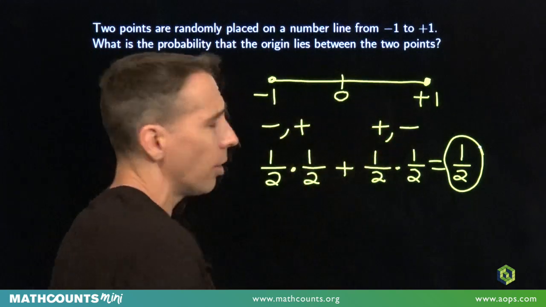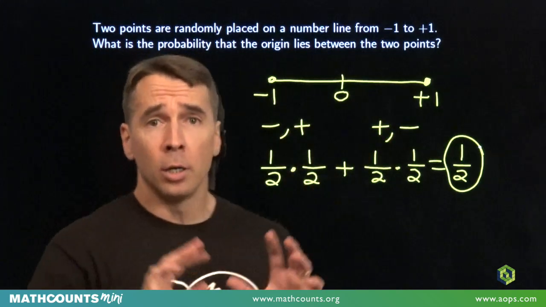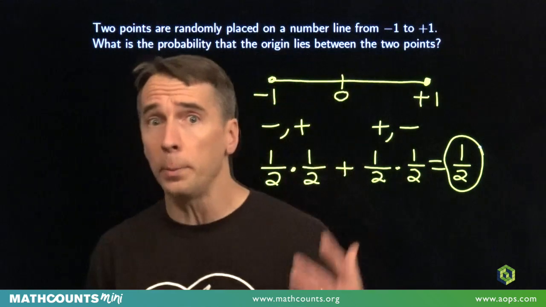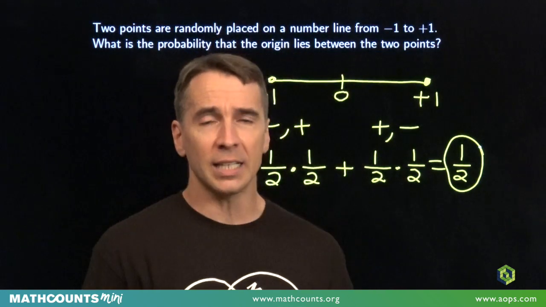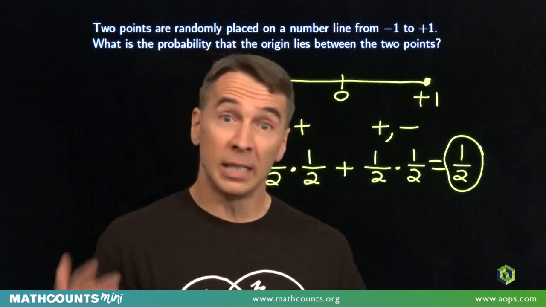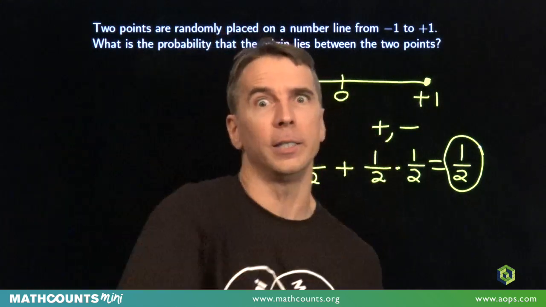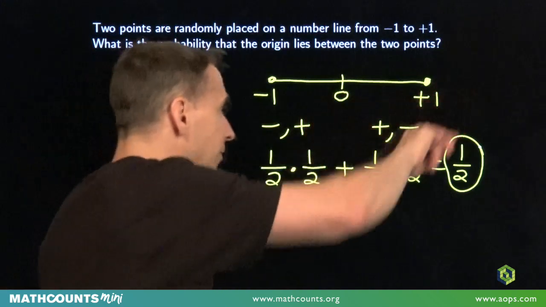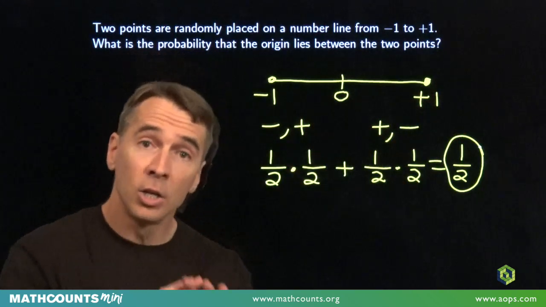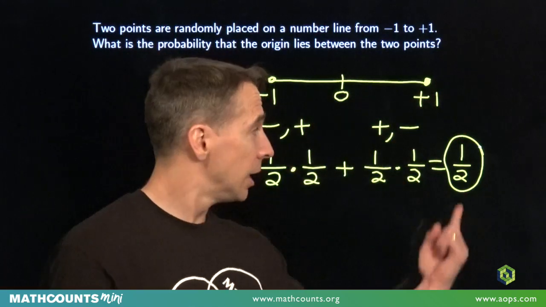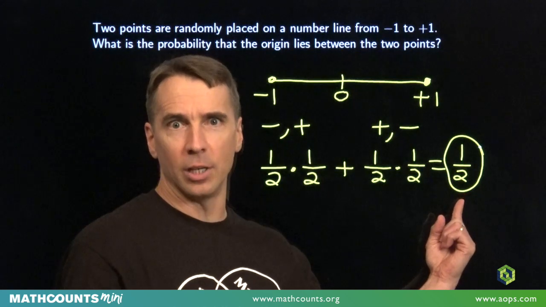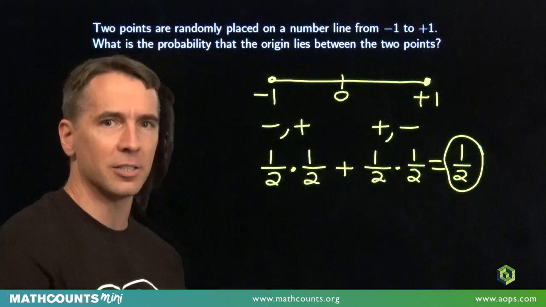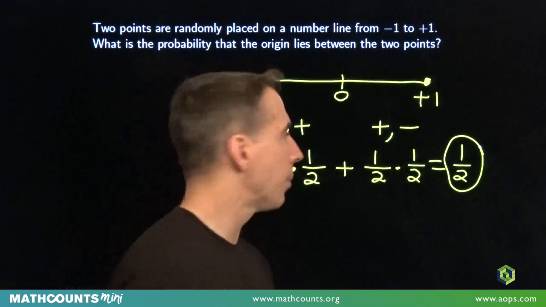So we look back at our number line and we realize no matter what we do in that first step, if we pick a negative or we pick a positive, in our second step, half the time, that second number is going to be on the other side of the origin, because half the number line's on the left, half the number line's on the right. So no matter what we pick first, half the time, the next number's going to be on the other side. That's a much nicer solution than all this. And we're ready for the second problem.